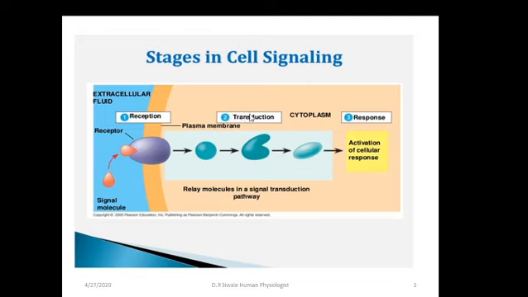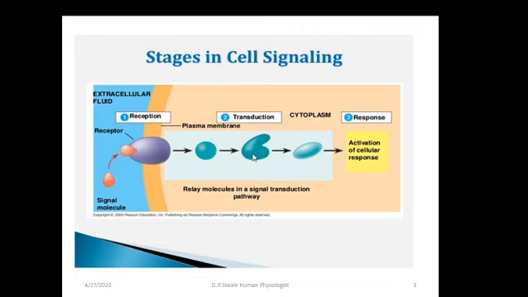What is transduction? These are cascades of cellular responses, cellular actions that take place within the cell. So there are relay molecules in the signal transduction pathway. For example, there's activation of certain enzymes. As we know, enzymes are biological catalysts that speed up reactions.